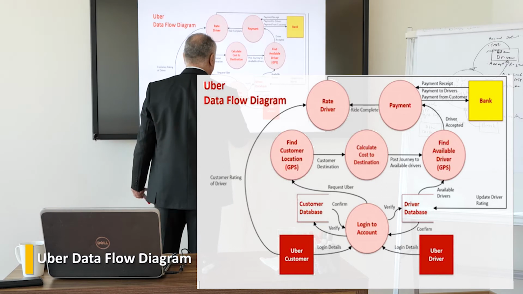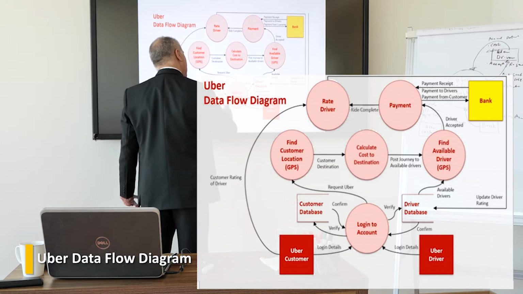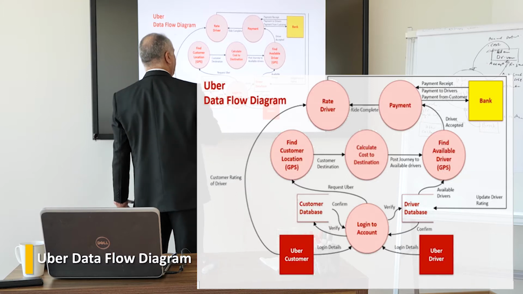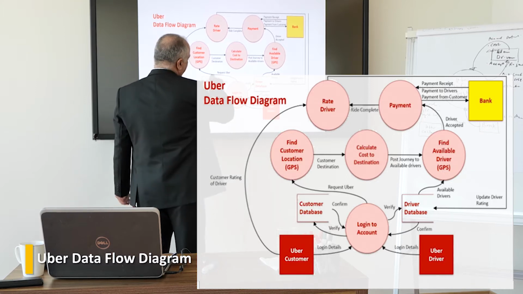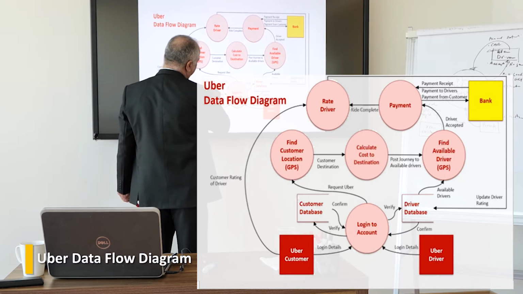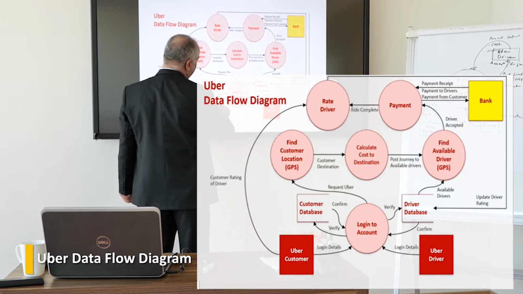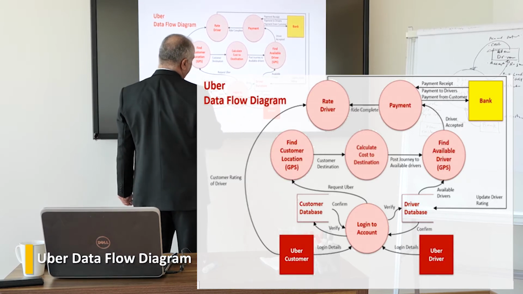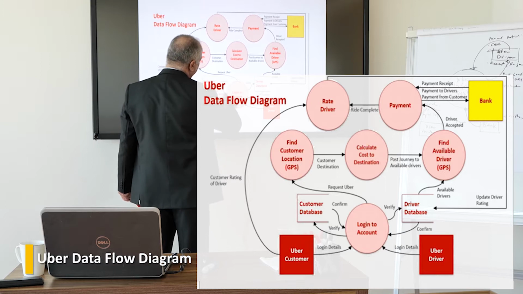Now, with this login, the customers will log in with their password. It verifies if he is an existing customer, meaning we have to go to a data file, a customer file. In this case, the example is a customer database to verify if this customer is in the Uber database as a customer. And then upon confirmation, yes, he is.